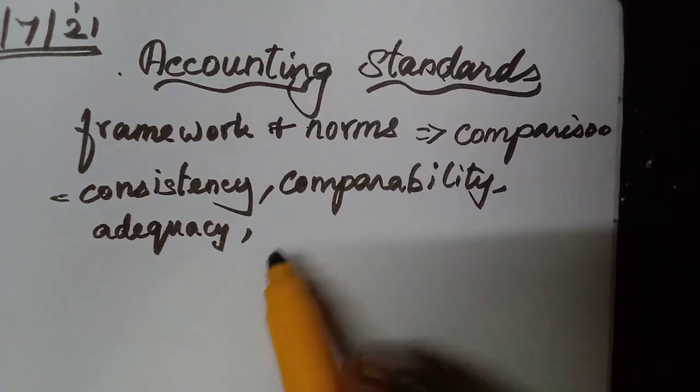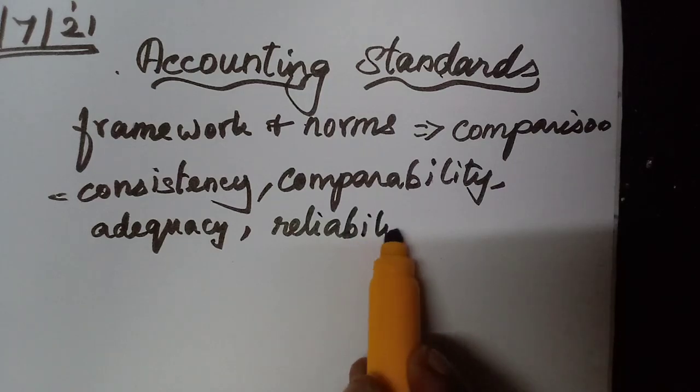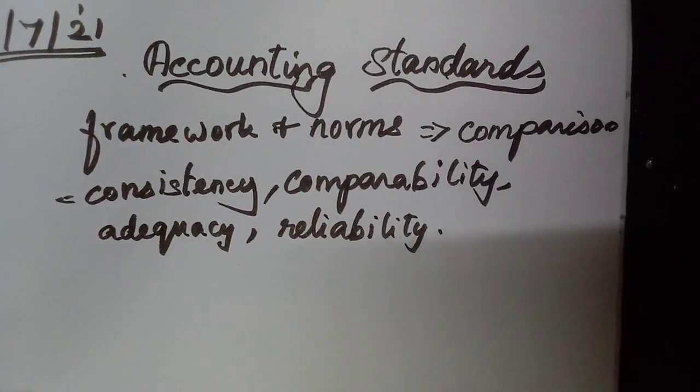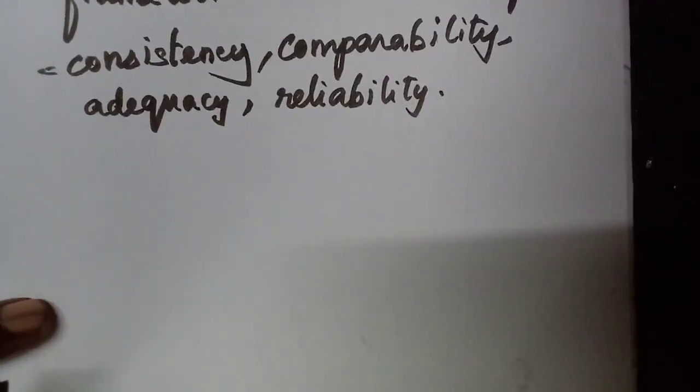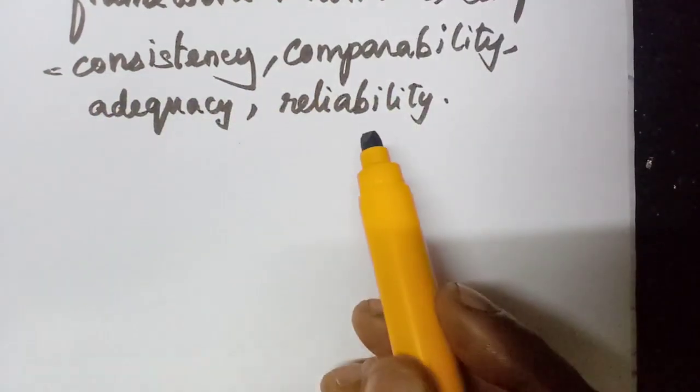And there will be reliability. Every person can rely on the accounting records, accounting statements, financial statements. So there will be consistency, comparability, adequacy and reliability of the financial reporting.